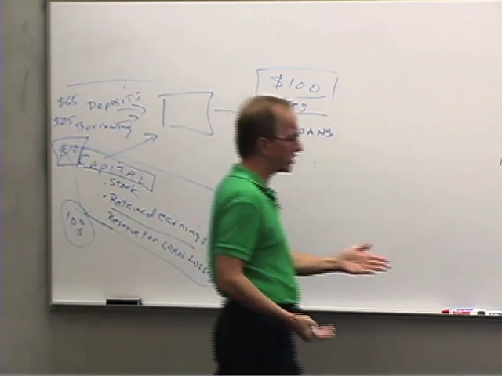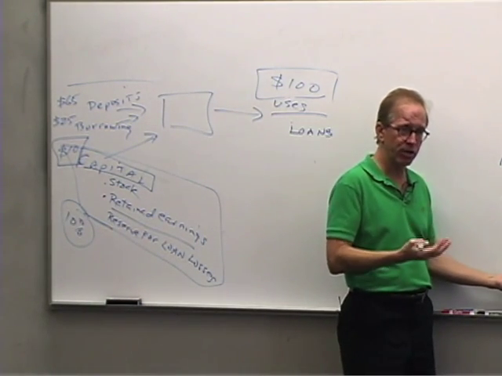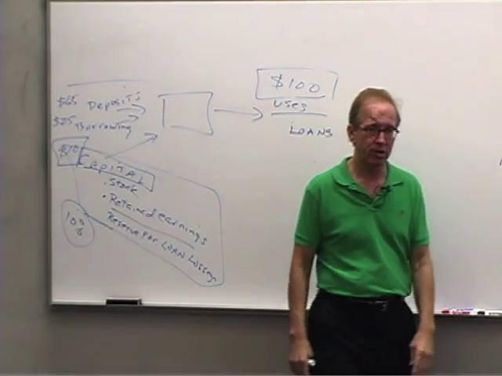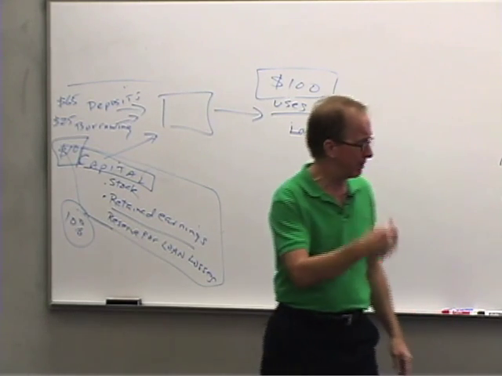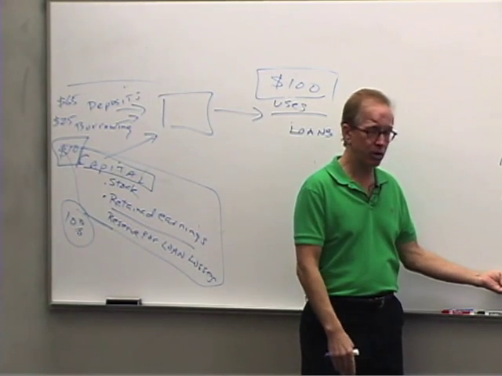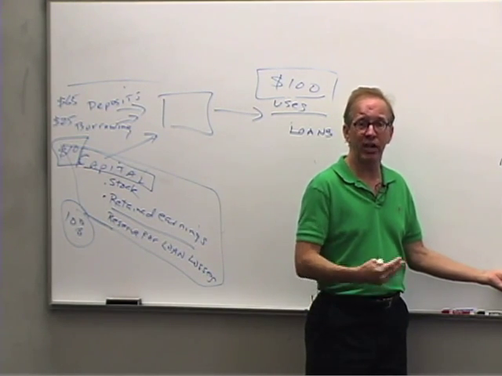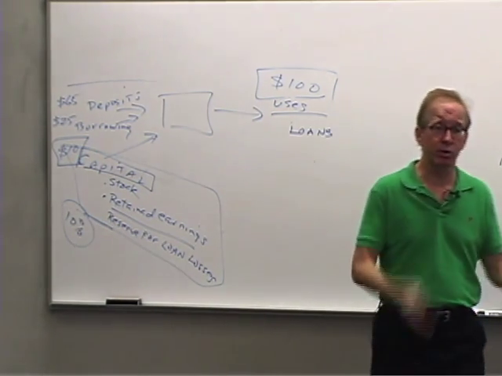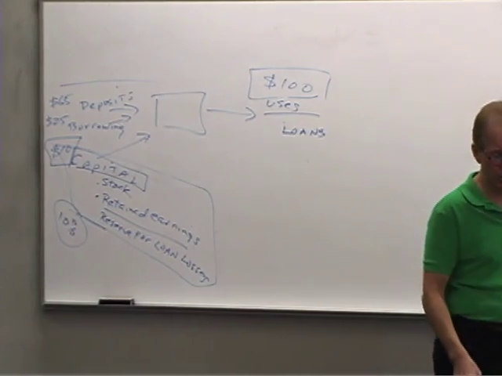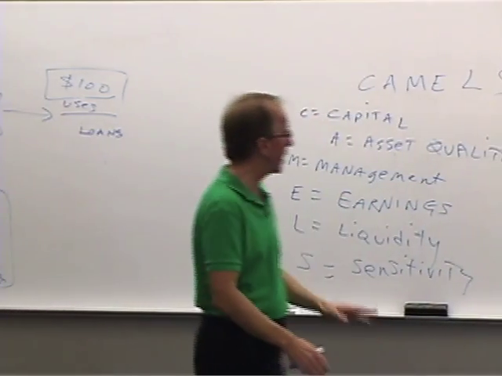So how sensitive is the bank's financial situation to a change in interest rates? And I mentioned another thing, I ran over it too quickly, but adjustable rate or flexible rate loans, where if interest rates go up, the banker just increases the interest rate on those loans.